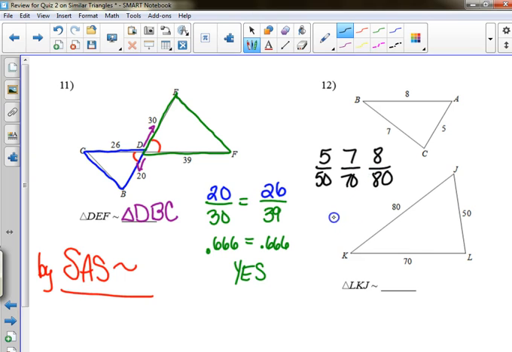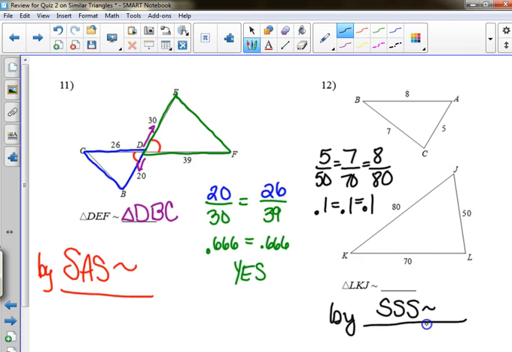Some of you will notice right away that this is times 10 times 10 times 10. If we put those in our calculator, we get 0.1, 0.1, and 0.1. They are all equal. So if the proportions are all equal, we did all three sides. We're going to say these are similar by, on the quiz there'll be a blank, and you're going to write side, side, side similarity.